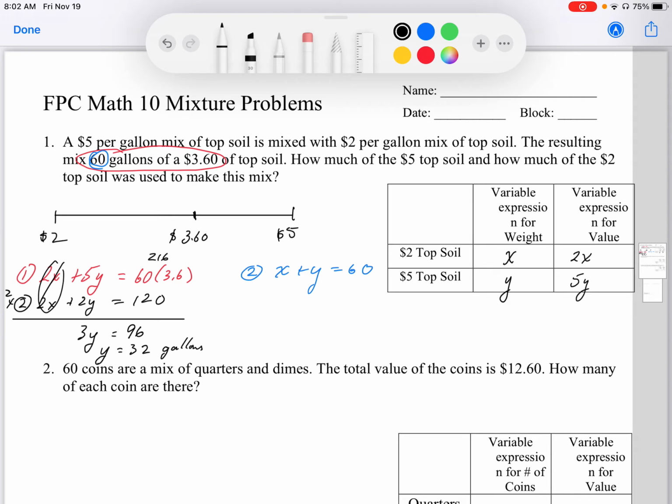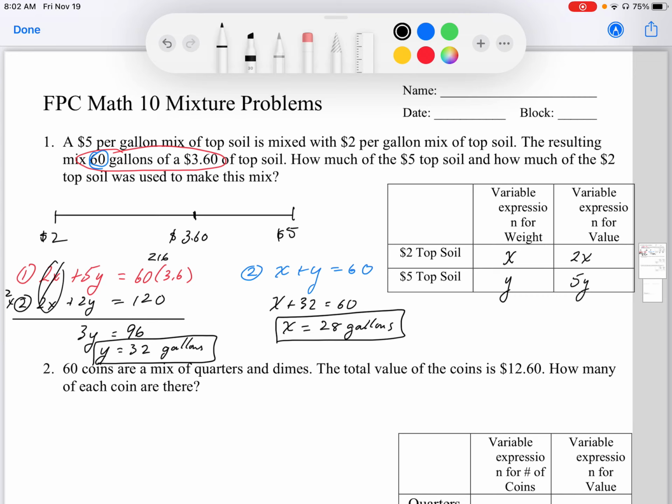So I have a little bit more of the $5 topsoil, and using that second equation, x plus 32 equals 60, so 28 gallons is going to be the cheaper amount. So those are two solutions here.